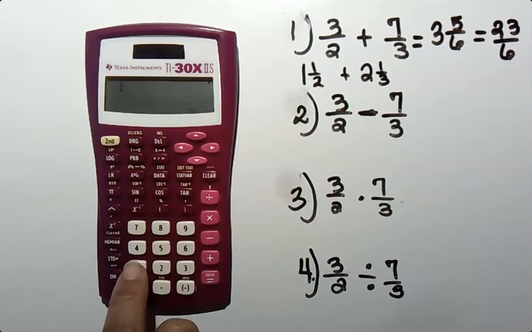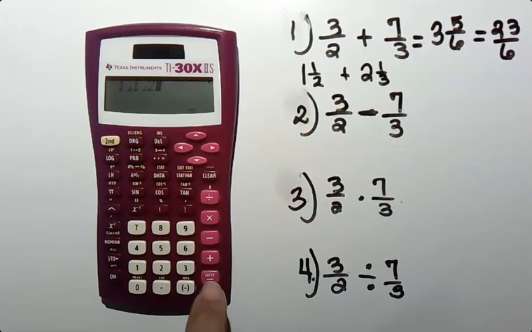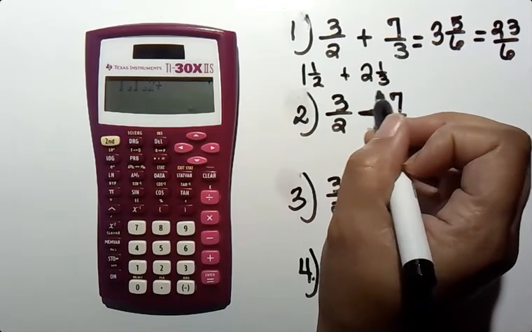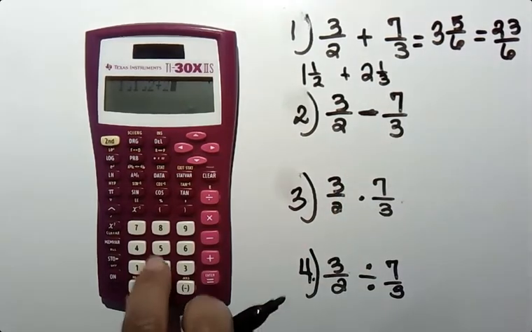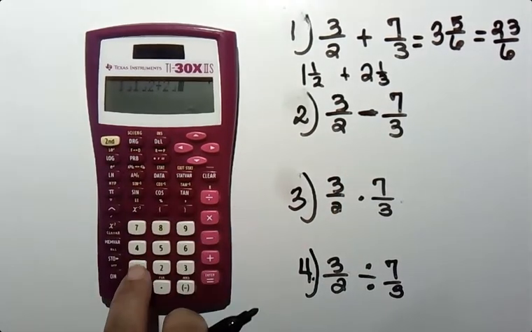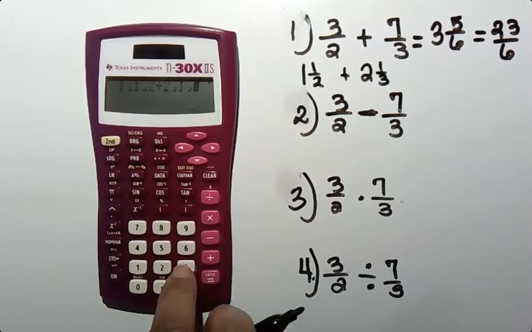I would come to the 1, use that ABC, then I would start to enter in the fraction of a half. So 1, ABC 2. Then I would hit my plus sign, and I would enter in that second mixed number, 2 1/3. So 2, ABC 1, ABC 3.